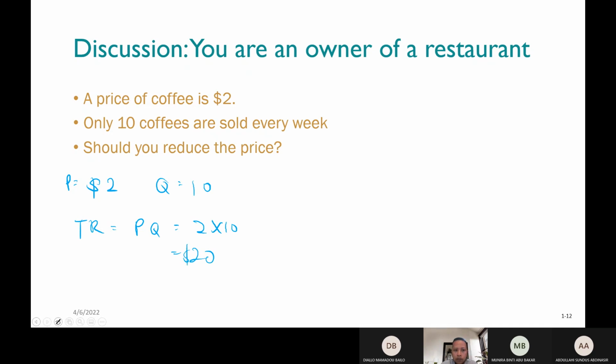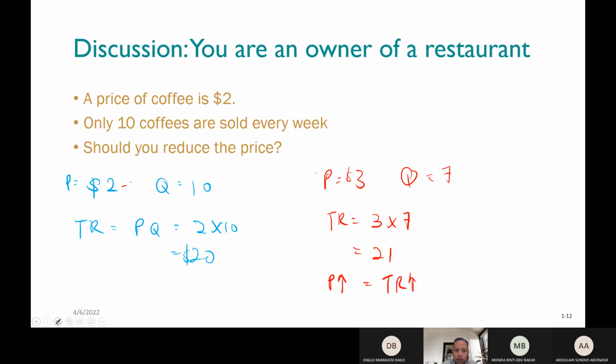Now let's say you want to increase the price to $3, and then you look at the quantity, actually reduced to 7. So the total revenue is basically 3 times 7 equals 21, right? So now, even though the price has increased, total revenue has also increased.